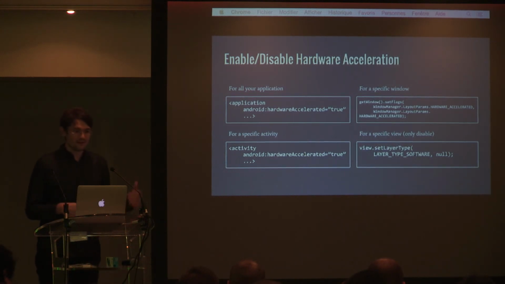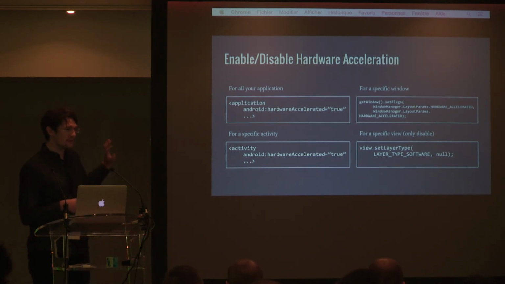So here we have 3+1 methods. Basically you can disable hardware acceleration for all your application in your manifest. Just specify hardware accelerated false in your application tag. You can also disable it on a specific activity.